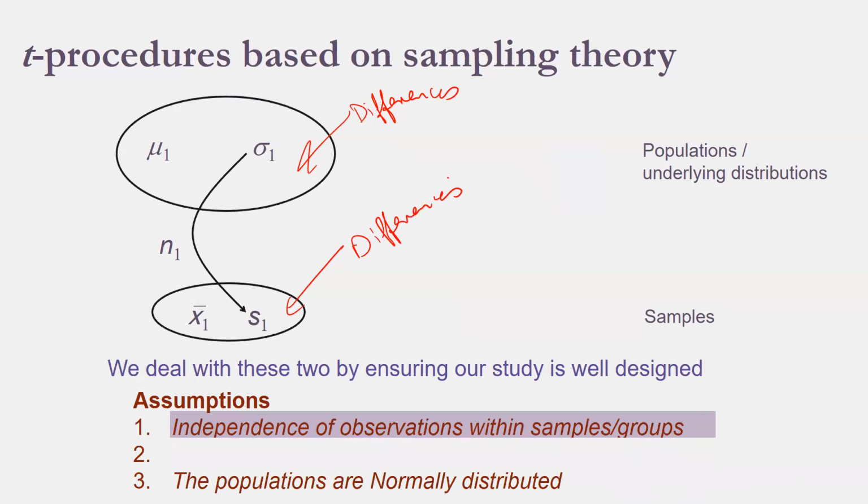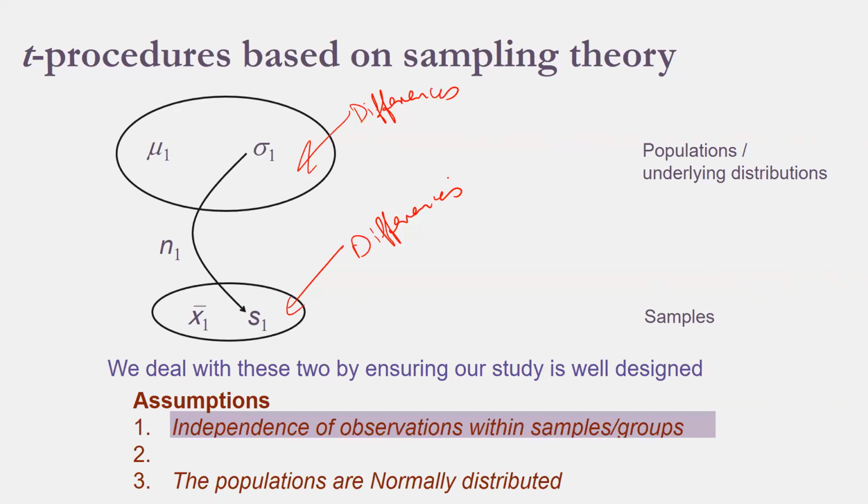So we just have to make sure our differences are independent, that each person that did the running and got a difference, their difference is independent from anyone else who did the study. Usually we deal with that by ensuring our study was well designed. Luckily for us, we had random allocation to the treatment, so the order in which they did the 2 treatments was random. That's going to ensure independence of observations within the sample.